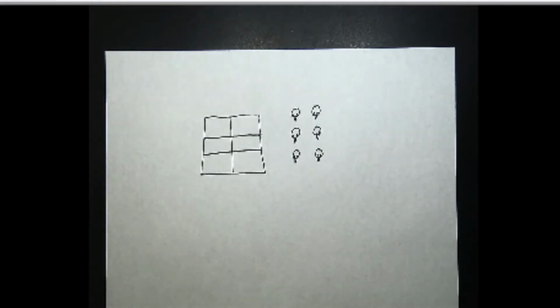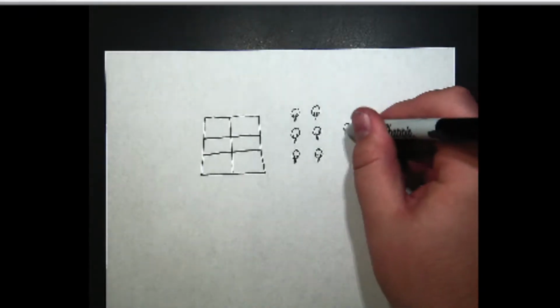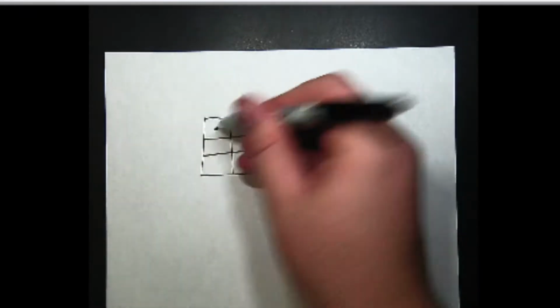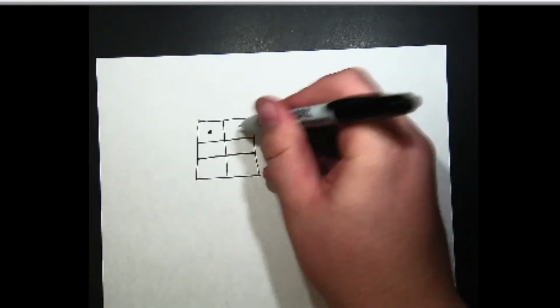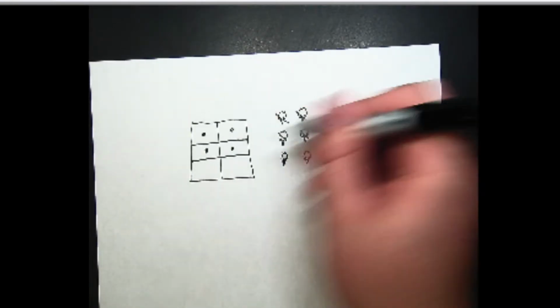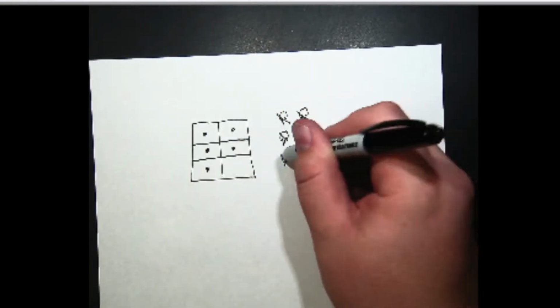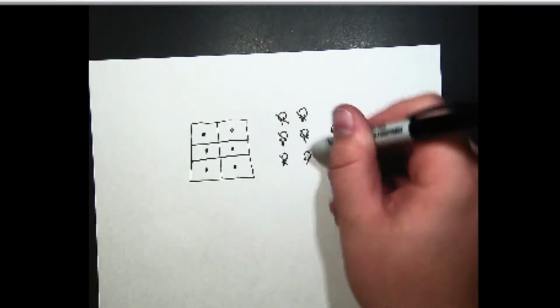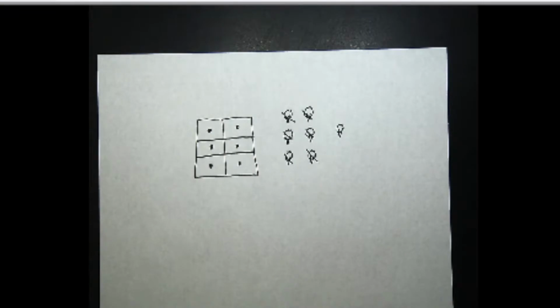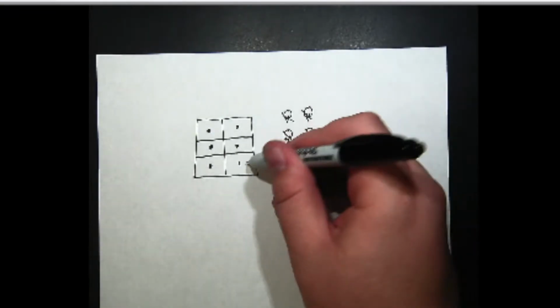But the moment that you add another pigeon into here, well, I can put this pigeon into here, that's taken up. This pigeon into here, that's taken up. This one into here, this one into here, this one into here, this one into here. But I've got this extra one, which means that it's going to have to share with another pigeon.